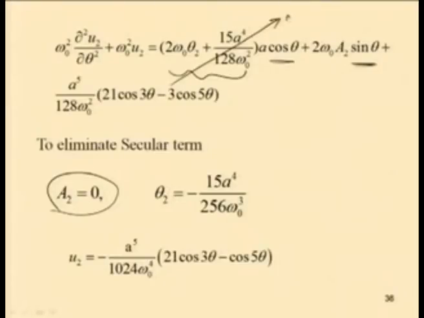As these terms we have already eliminated, the resulting equation becomes omega 0 square del square u 2 by del theta square plus omega 0 square u 2 equals a to the power 5 by 128 omega 0 square into 21 cos 3 theta minus 3 cos 5 theta.